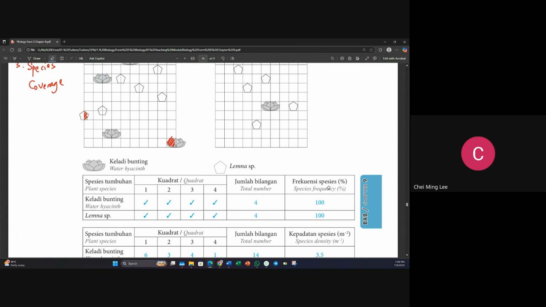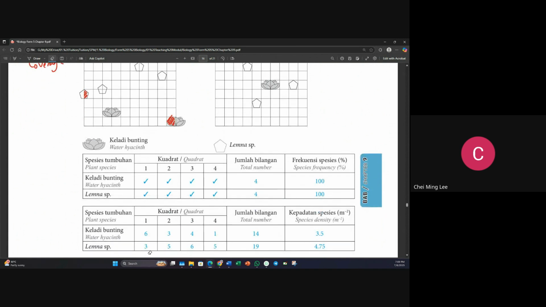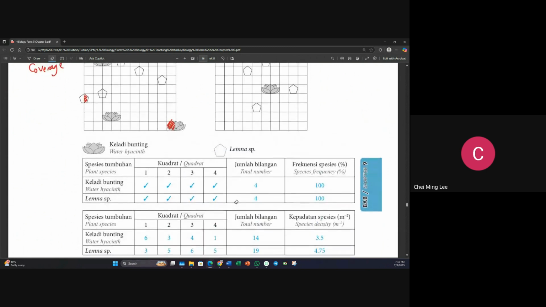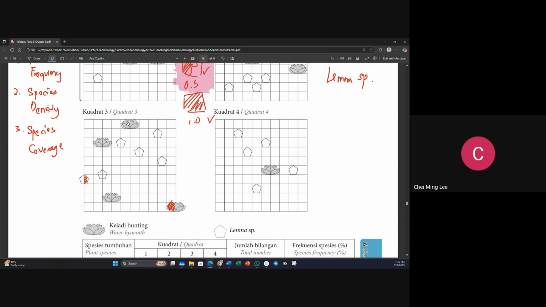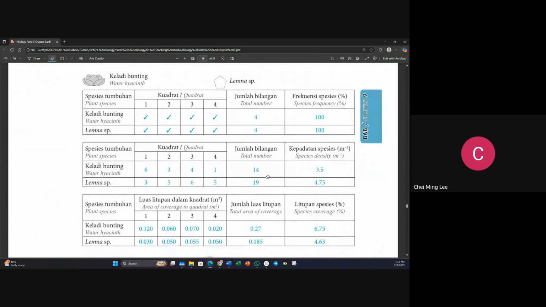Okay, correct? Then for this one, first we try to get how many of them. So we need to calculate. For the first quadrant, water hyacinth 1, 2, 3, 4, 5, 6, and then lemna got 3. Second quadrant, 3, 5. Then 4, 5, 6. 1, 5. So like that.